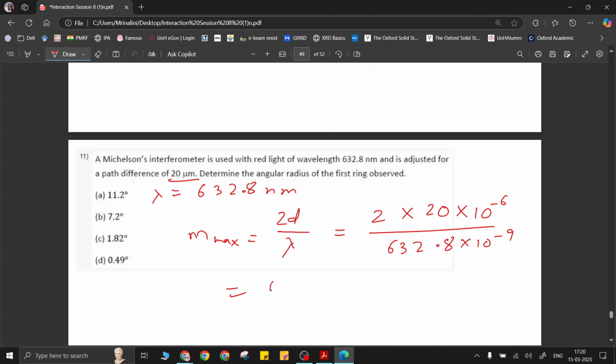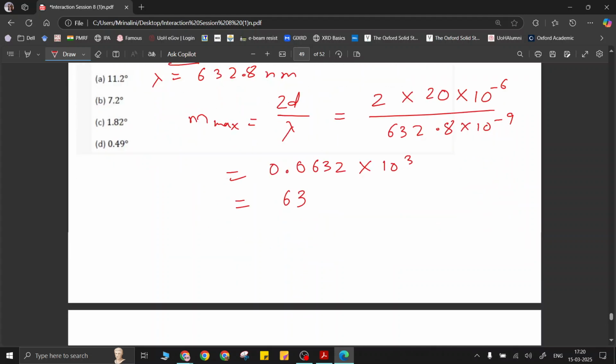Which is 0.0632. 10 to the power minus 9, when it goes in the numerator, becomes 9, and 9 minus 6 is 10 to the power 3. So it will be 63. Sorry, this is 63rd order.